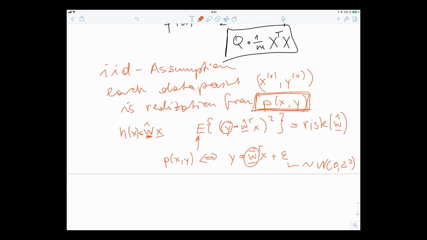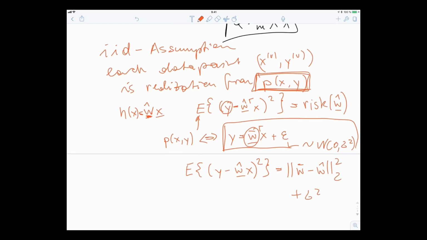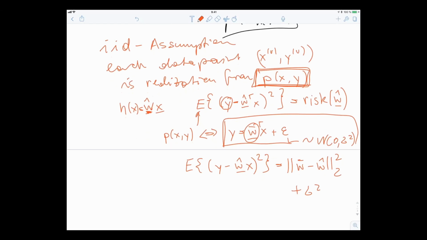How many of you have seen such a linear Gaussian model in statistics? Yes, so this is popular. And once we assume this model, or it's just a modeling assumption again, we can work out this risk a bit more. We get for this risk, as noted in the lecture notes, a nice closed form, which is the difference in the weight vectors plus the variance of the noise.